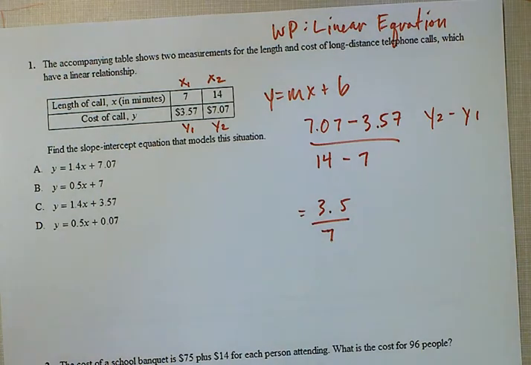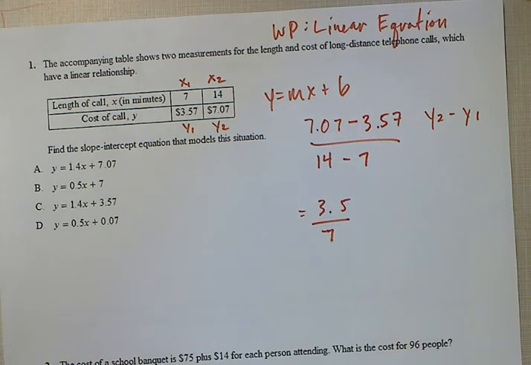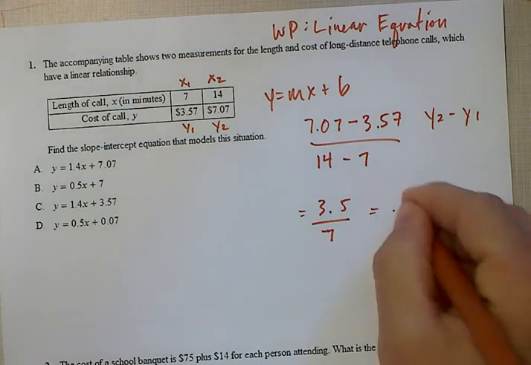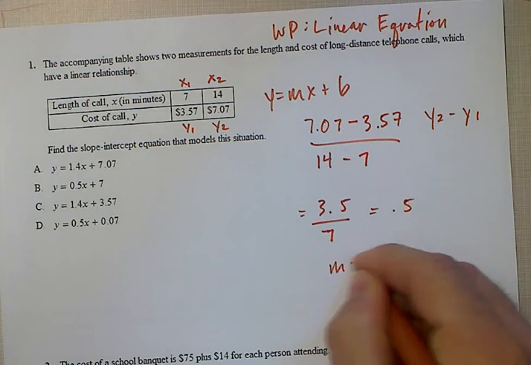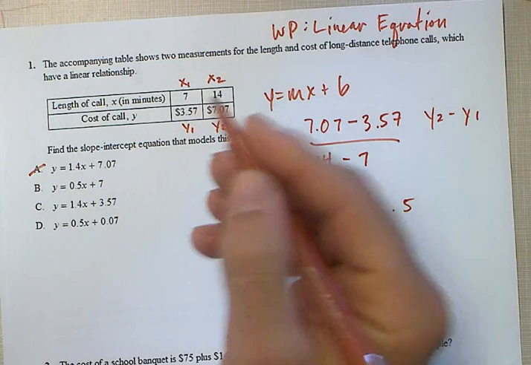And then we could reduce that and say, okay, 3.5 divided by 7 is 0.5. So actually my slope here is going to be 0.5, and that helps me eliminate choices A and C here.